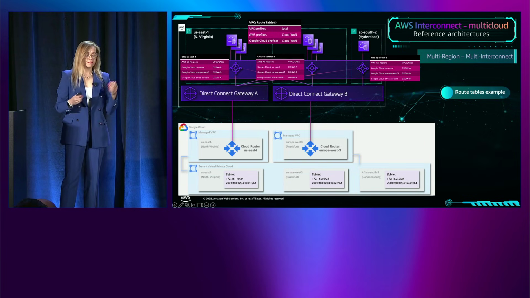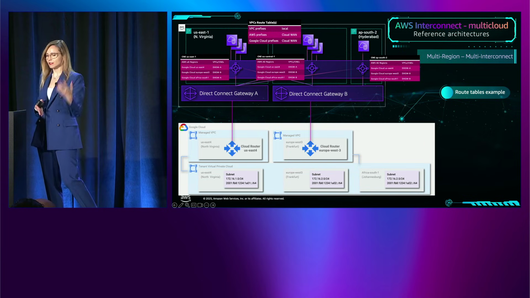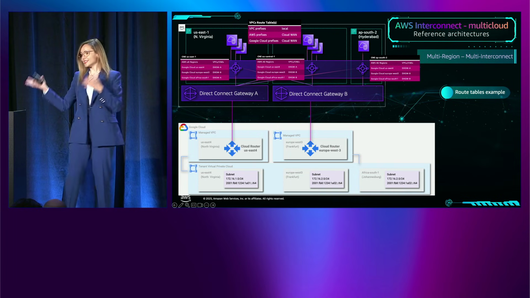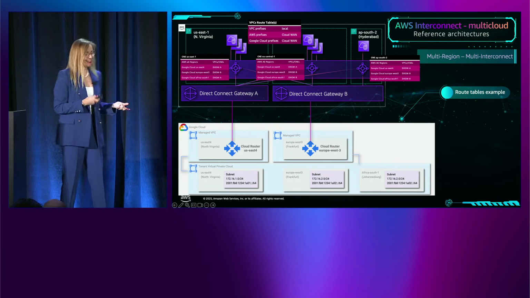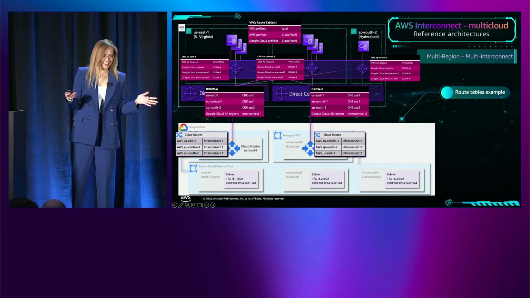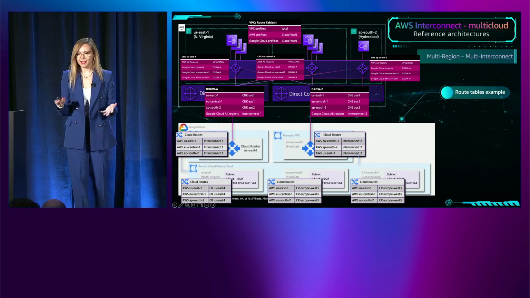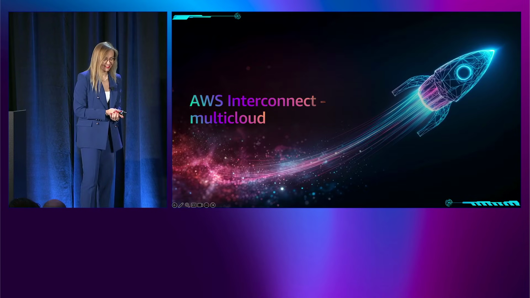Just keep in mind to have observability set on these interconnects to understand utilization and bandwidth, when you need to scale up, which is now very easy, or if you need to scale down. From the Direct Connect Gateway perspective, everything stays the same. And on the Google Cloud side, again, all routes are being automatically propagated.